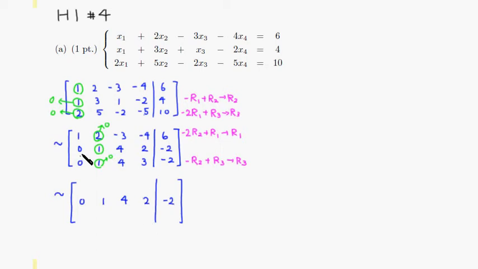Now we multiply the second row by -2 and add it to the first row, so it's 1 times -2, -2, added to +2, so 0, which is what we wanted. 4 times -2 is -8, added to -3 is -11. 2 times -2 would be -4, added to -4 would be -8. And -2 times -2 is +4, added to 6 would be 10.